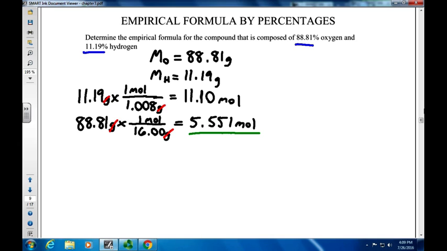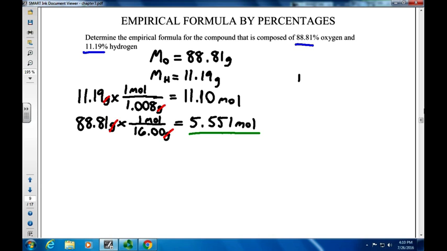There's not going to be a subscript on oxygen. Please keep in mind that this is the empirical formula. You would not be able to do this with a regular molecular formula unless you are given further guidance on other aspects of it. The relation between 11.10 and 5.551 is relatively easy to calculate.